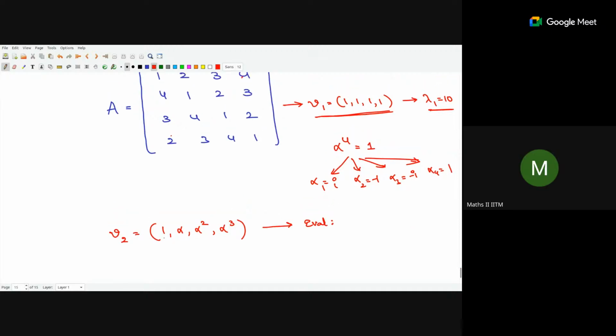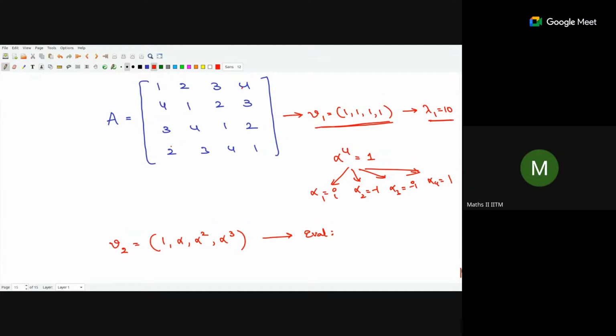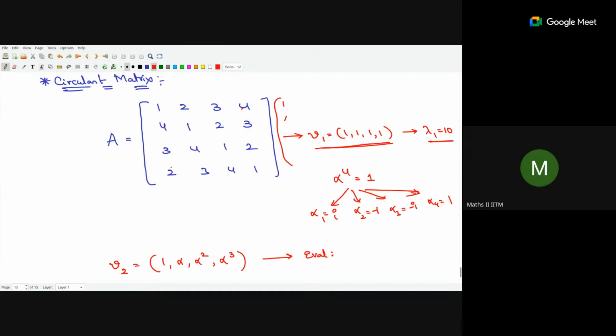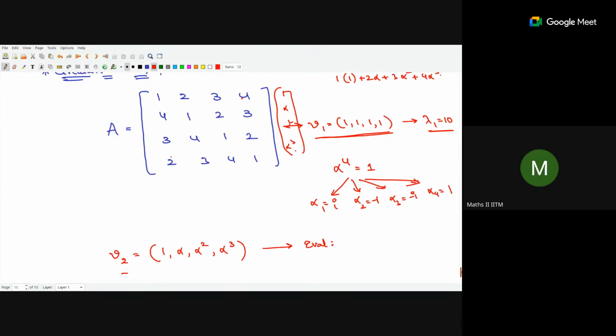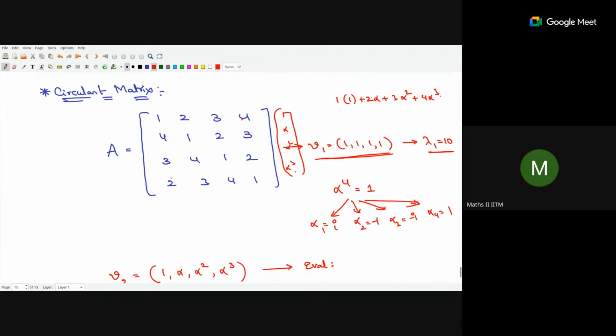It's like you are multiplying 1, alpha, alpha square, alpha cube to this A. So what will you get if you multiply it to A? You will get 1 times 1 plus 2 times alpha plus 3 times alpha square plus 4 times alpha cube. That will be your first entry, and from that first entry you have to take it all common because the first entry should be 1.